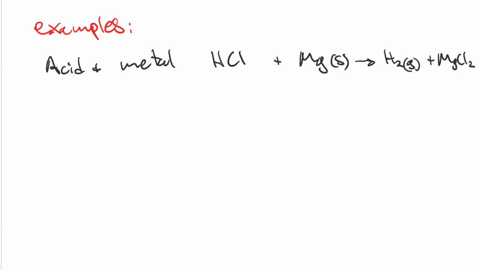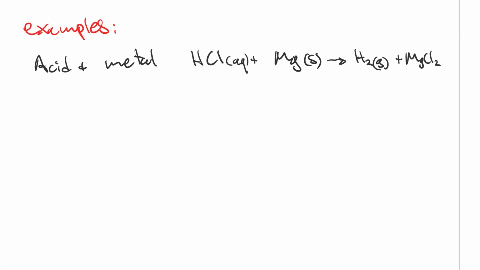And if the acid is aqueous, then the magnesium chloride will be aqueous as well. And finally, to balance it, we need a 2 here. So, acid plus metal gives hydrogen gas and a salt. We'll come back to salts in a minute.